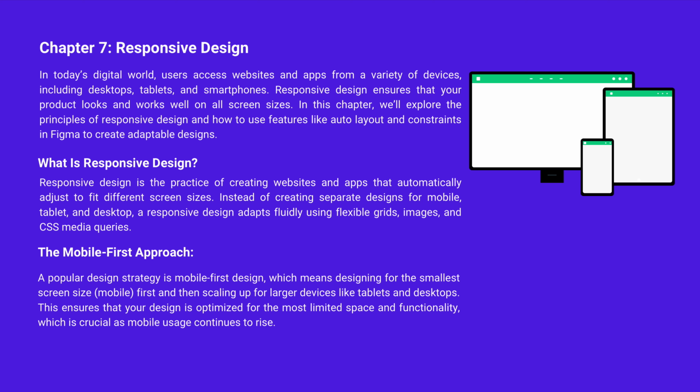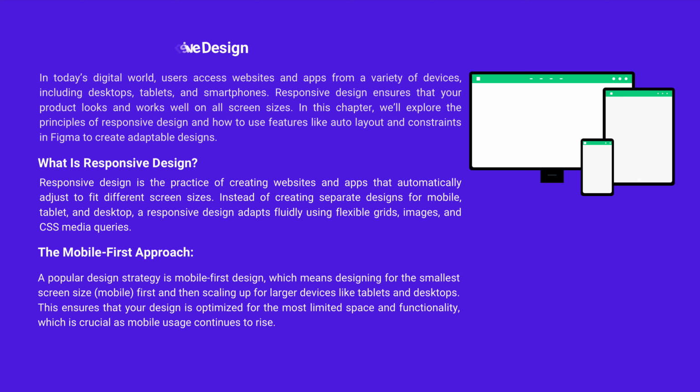A popular design strategy is the mobile first design, which means designing for the smaller screen first and then scaling up for larger devices like tablet and desktop. This ensures that your design is optimized for the most limited space and functionality, which is crucial as mobile usage continues to rise. So we start with the smallest space available, that's the smallest screen, then we can go to bigger screens.